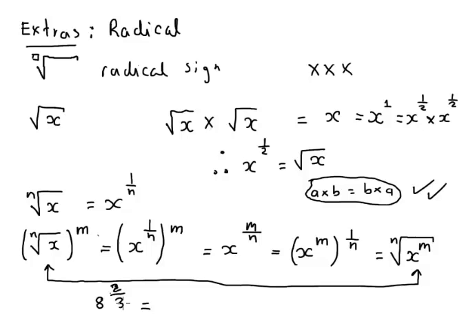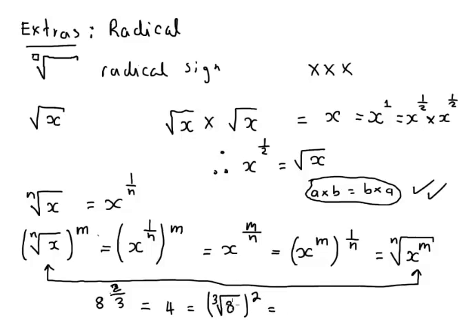Just work it out. First of all, push the pen against the paper and tell me what the value is. What's the answer? Somebody said 2. Don't say the answer before you push the pen. Are you sure it's 4? Let's see. What is this thing saying? It's saying cube root of 8, to the power 2.